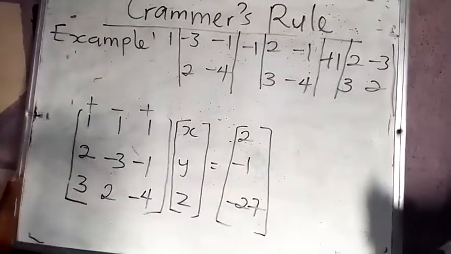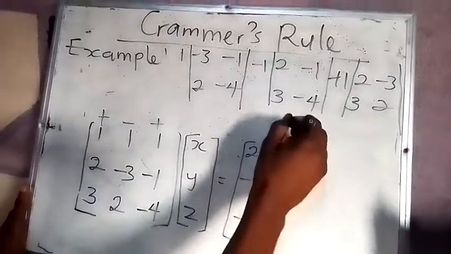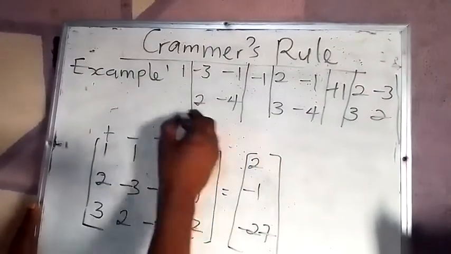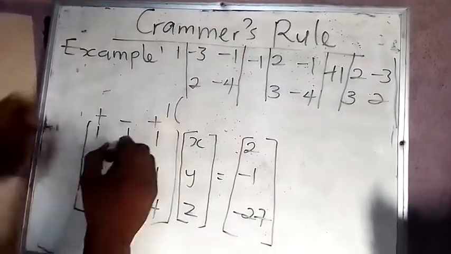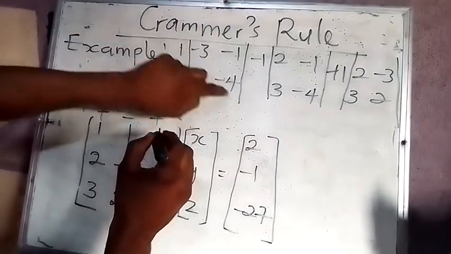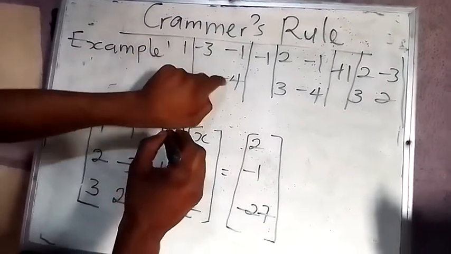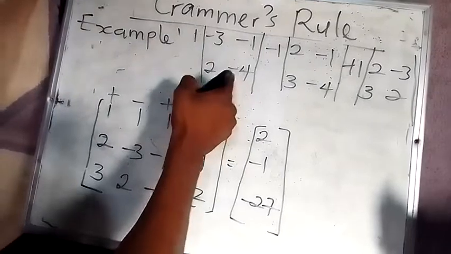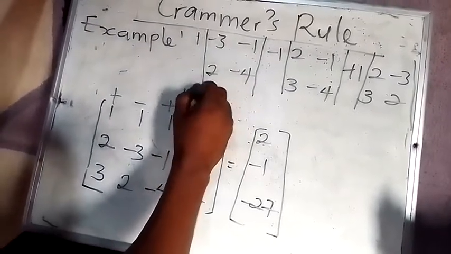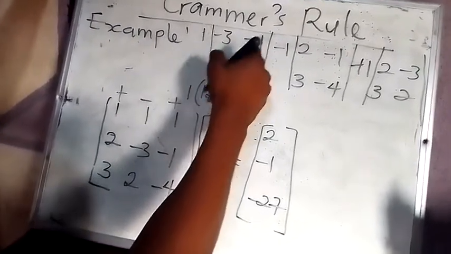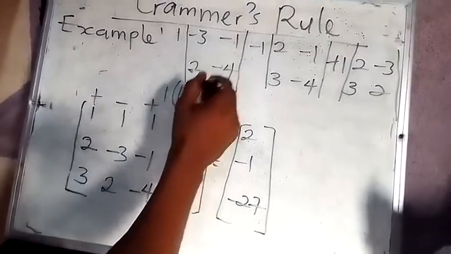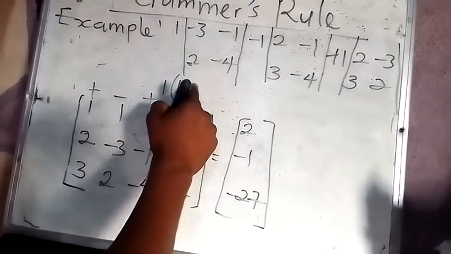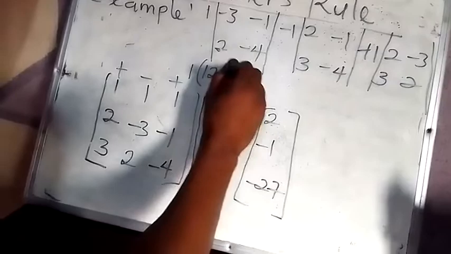So for this first one, we have 1 into bracket. We have to multiply this one and this one first. Minus 3 times minus 4, that is 12. 2 times minus 1, minus 2. Don't forget that there is a minus here already, so that will be plus 2.